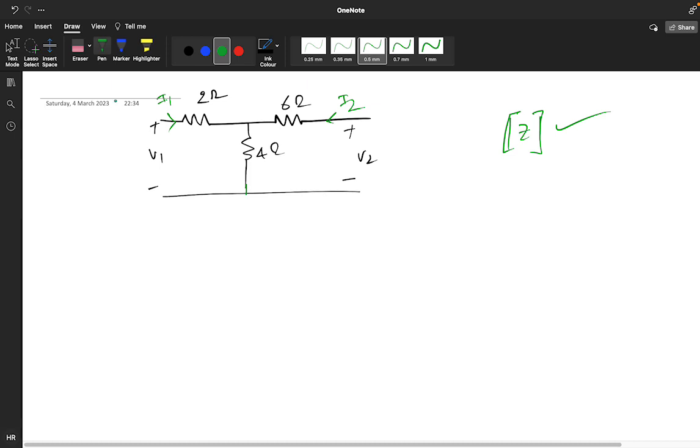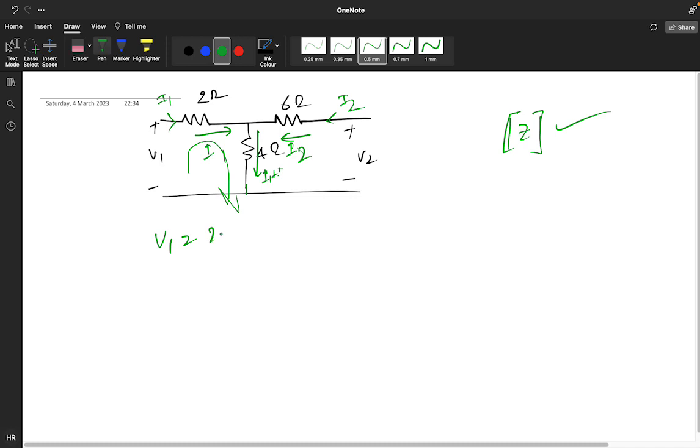So see, I1 is here, I2 is here. So what will be the current? I1 plus I2. So make the KVL and get the result.